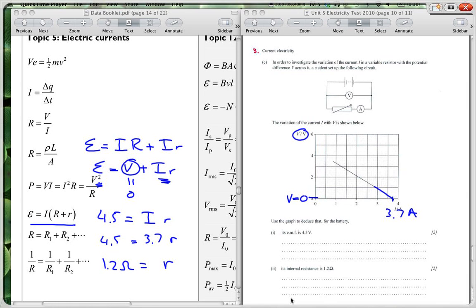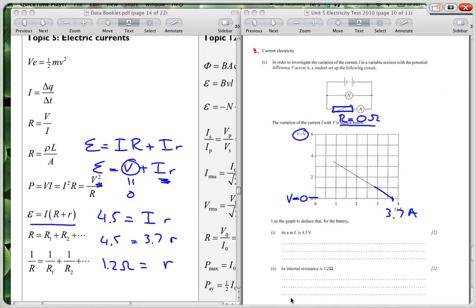Now, does this make sense? What's actually happening here is that our V is 0. When does that happen? That means when I make this R equal to 0. I turn the dial on this variable resistor to make this 0 resistance.